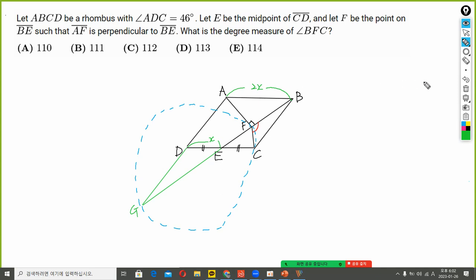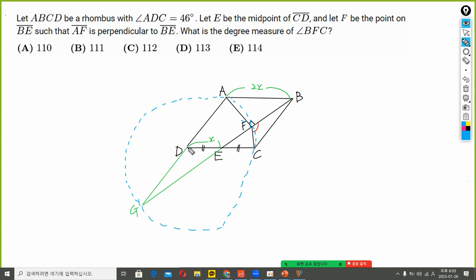Yeah, so I need to make this circle actually. It should be greater than this. I should extend this. Yeah, this circle. So that means AG is the diameter.